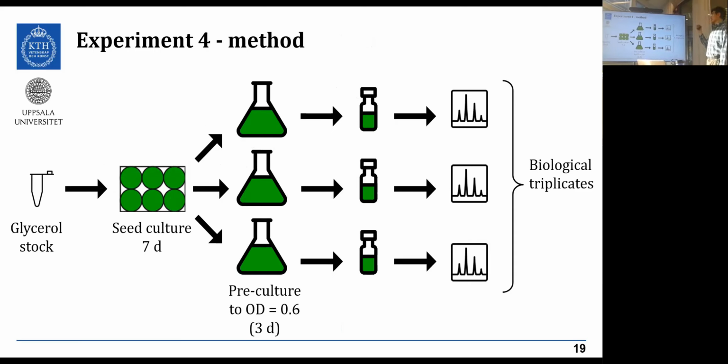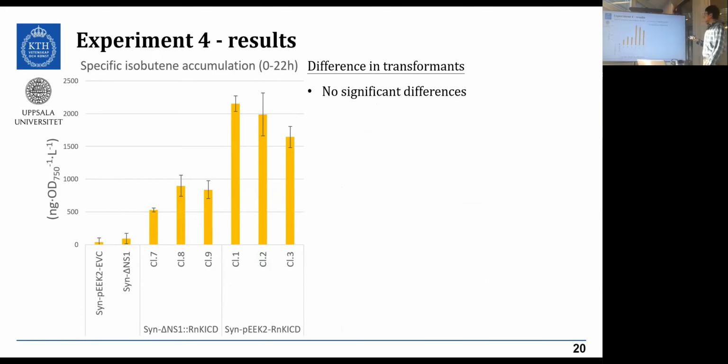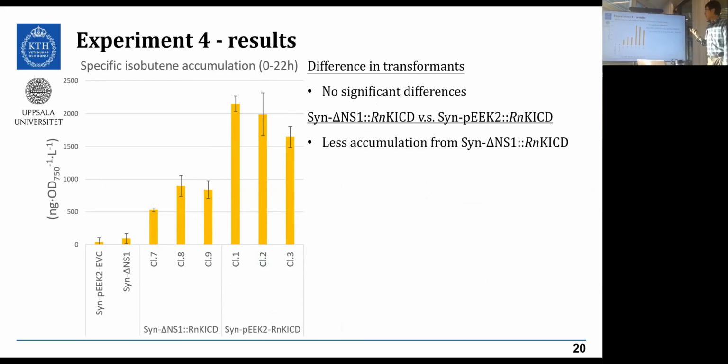Is there any difference among the three transformants of the same strain? It appears that there are some differences, but after running a t-test and ANOVA, I found the differences were not significant. Okay.